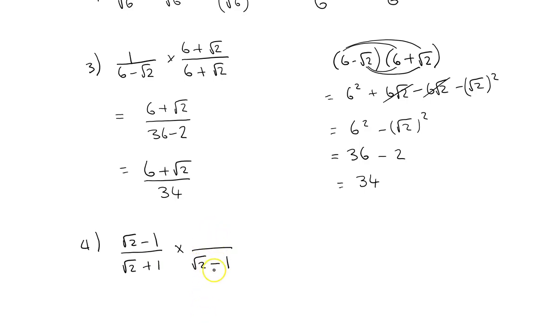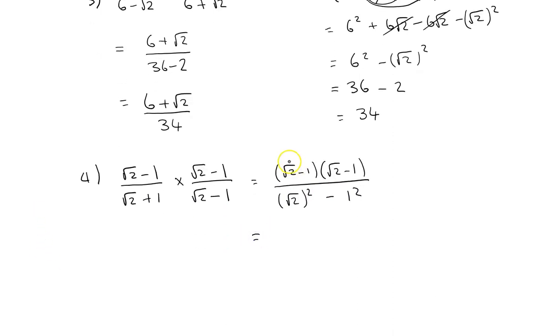And in order to keep this fraction with a value of 1, we have to write the same for the numerator. So we've got root 2 minus 1 times root 2 minus 1 over the difference of 2 squares, which is our root 2 squared minus our 1 squared.